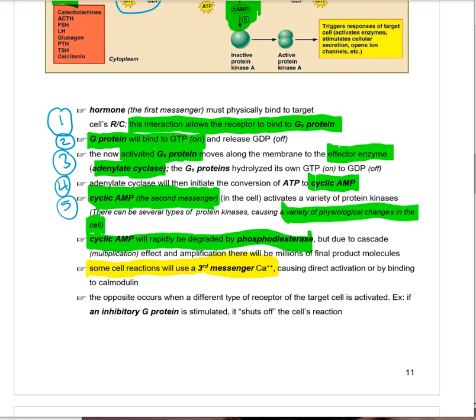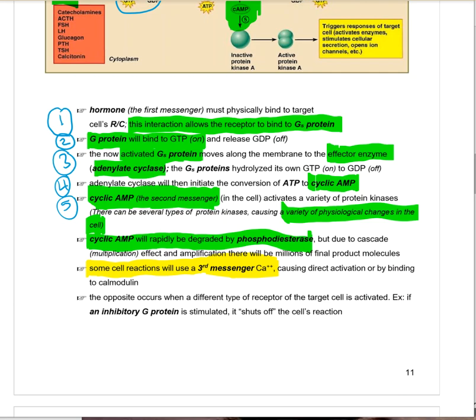You could look in the book for details about this. But the main thing I want to get across is many of them just use a second messenger. Some will even, the cyclic AMP will go and tell calcium to be a third messenger. So it's like the person inside then going to tell someone else, and then they're going to do the job.